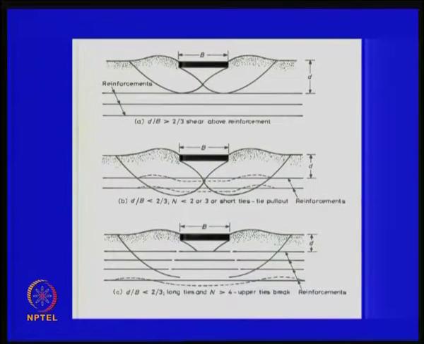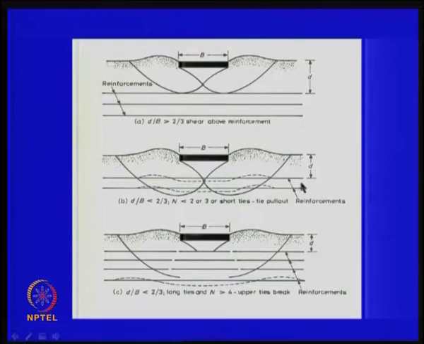Second thing is that you provide, say d by b is okay, less than 2/3, the condition is satisfied, but the number of ties is not much. A tie is a tension member. You put one reinforcement or two reinforcements, then the possibility is short ties, and the length is not sufficient. Okay. If the length is not sufficient, what is going to happen? As I said, the principle of reinforced soil is that you have to have tension mobilized and also the pull out resistance.